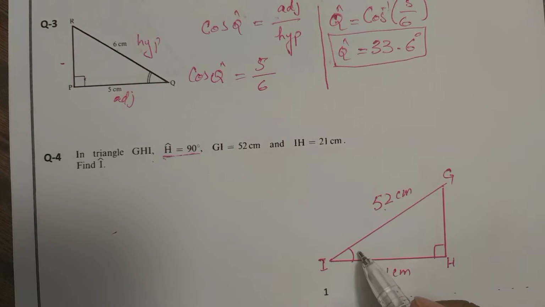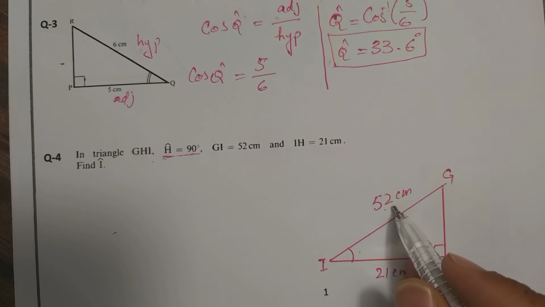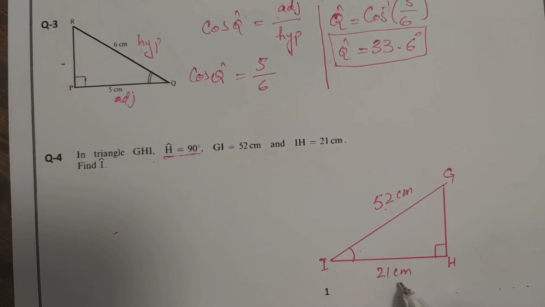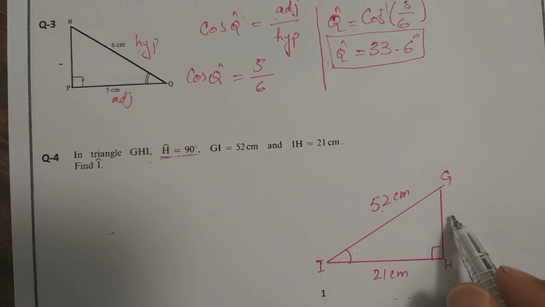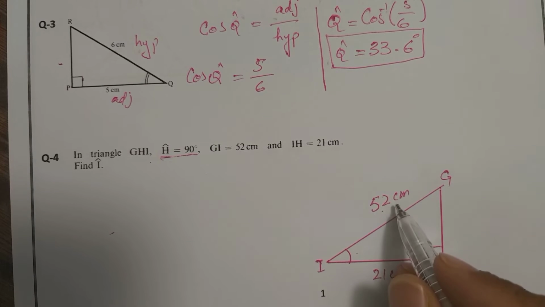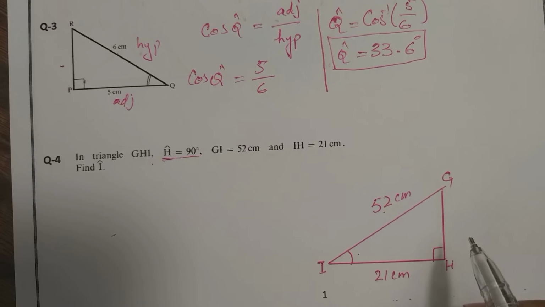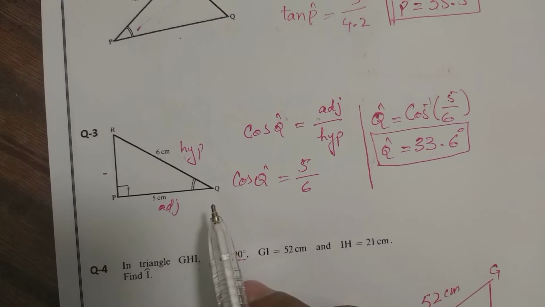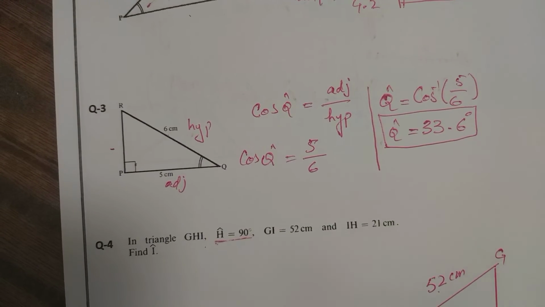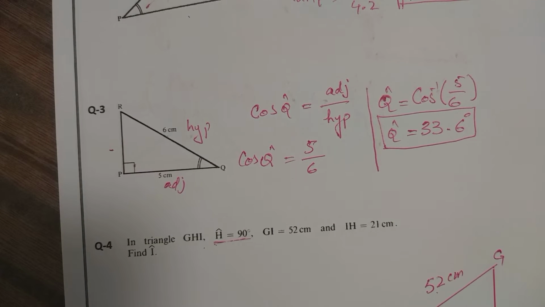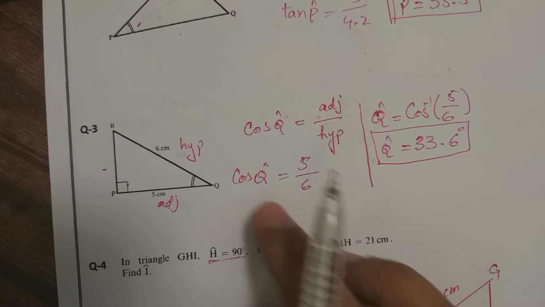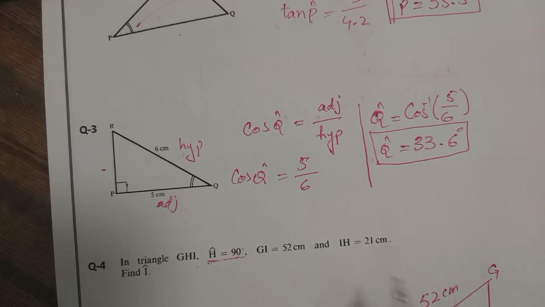According to this information, this side is opposite. In front of the right angle is called the hypotenuse, and beside the angle is called the adjacent. We are not given the opposite, we are given only the adjacent and hypotenuse. For adjacent and hypotenuse, we know what formula to use here. We just did this in question number 3. I need to find the angle, so I go direct because we have already found the formula.